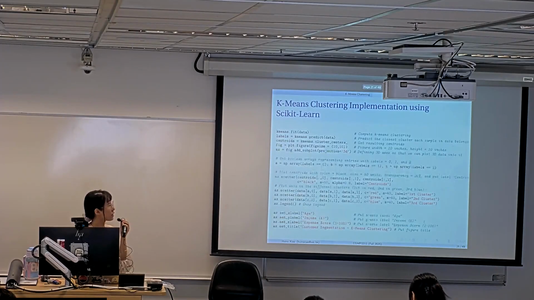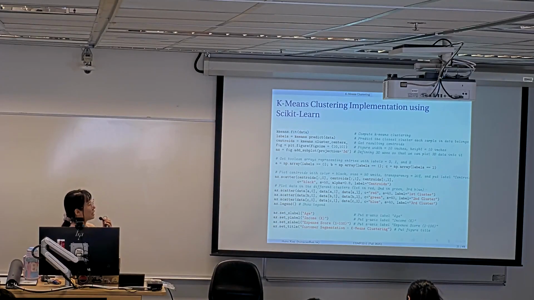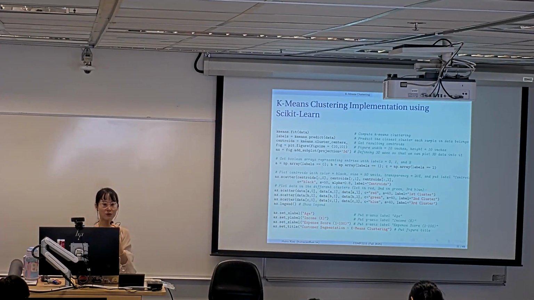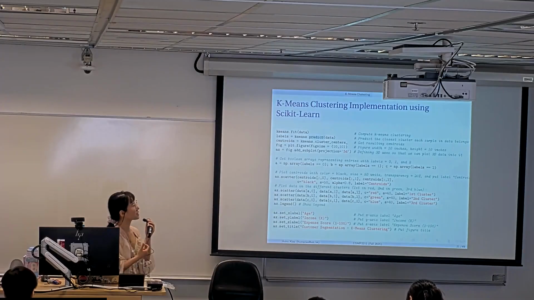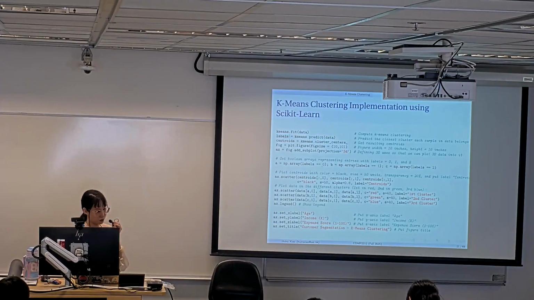So after we run kmeans.fit(data), it will run these 4 iterations. After that, we can see the clustering results for the training data. We use labels equal to kmeans.predict(data), which predicts the closest cluster for each sample.